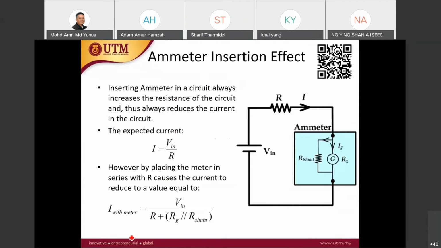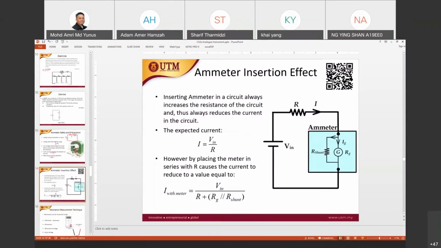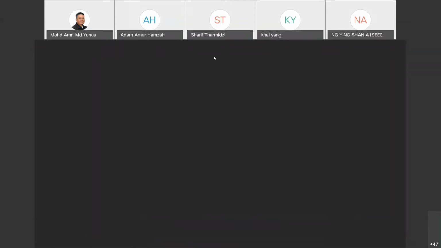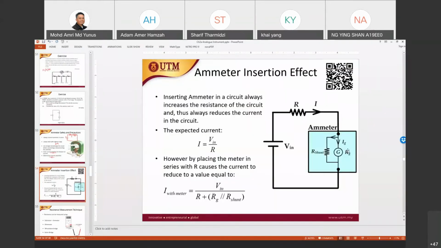So this is basically when the internal resistance of the ammeter becomes a part of the circuit that you want to measure.